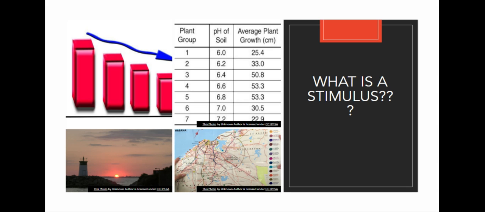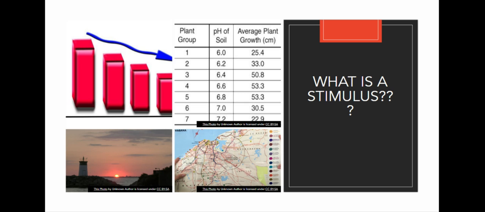Now, you might be asking yourself, what is a stimulus? You have dealt with stimulus material all year. Every time we've shown you a data chart, every time you've looked at a graph, a table, every time we've shown you different pictures that we've analyzed, every time we've used a map, that's all stimulus material. And you've already completed a number of FRQs that have stimulus material.